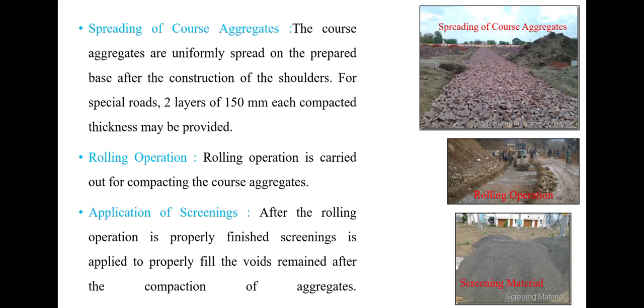The rolling should start from the edge of the road and be taken to the crown. It should start from the edge and be taken towards the camber portion, or towards the center portion. Each successive strip must overlap the preceding strip to avoid formation of weak points.